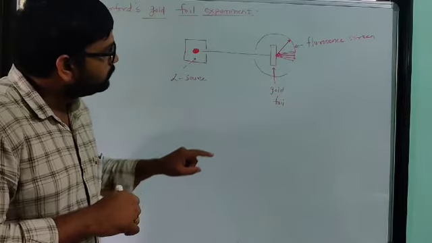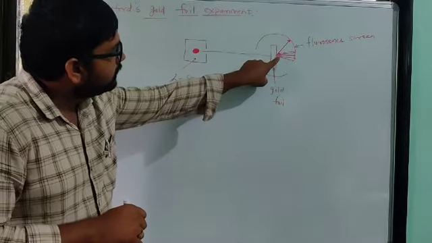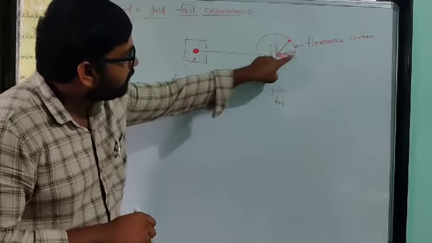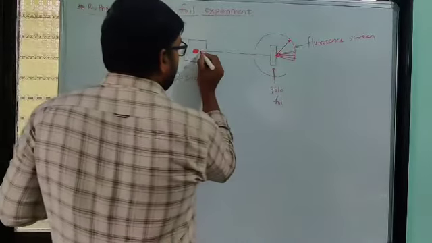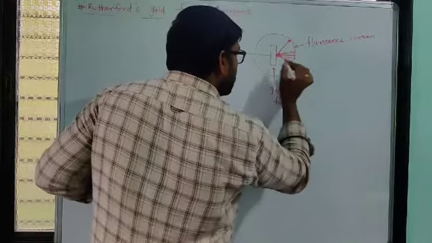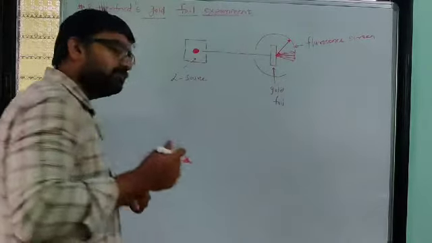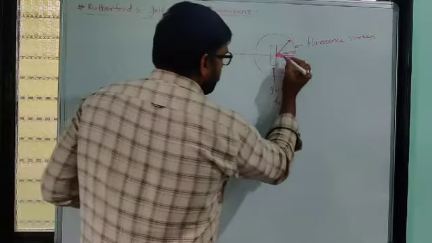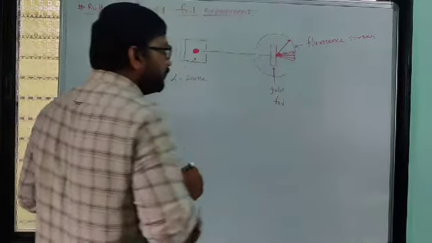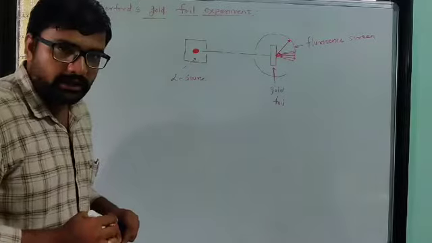Here this is the small angle between the paths of these alpha particles. The alpha particle had to go straight, but due to some problem they deviate from their path through a small angle.